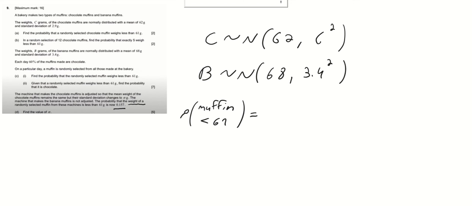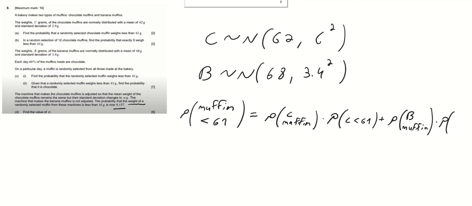So it's the probability that it is a chocolate muffin times the probability that this chocolate muffin weighs less than 61, or we have the probability that it is a banana muffin and then the probability that this banana muffin weighs less than 61.